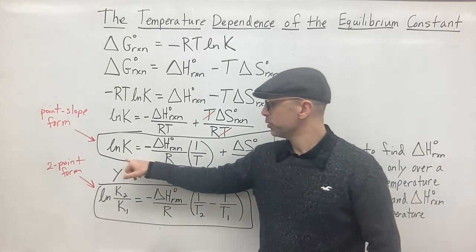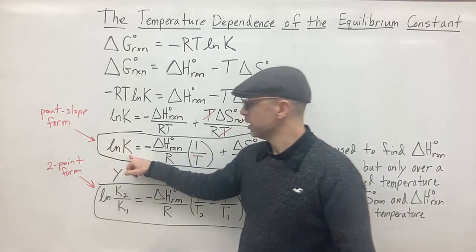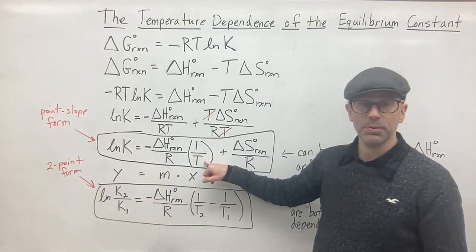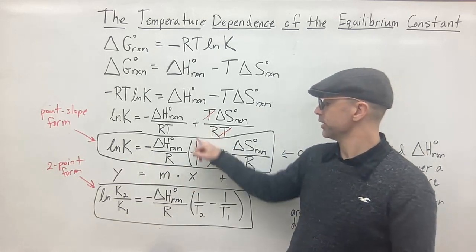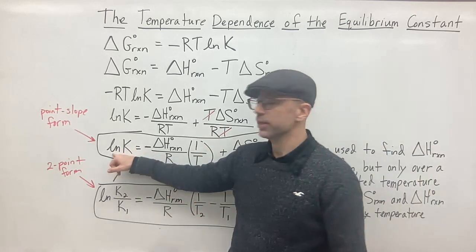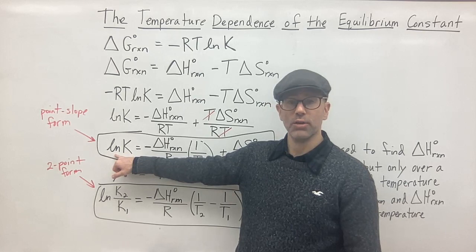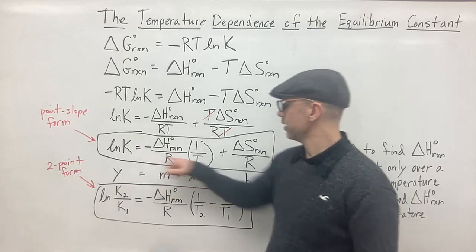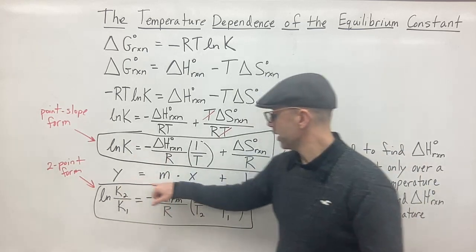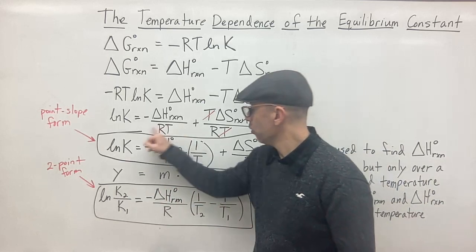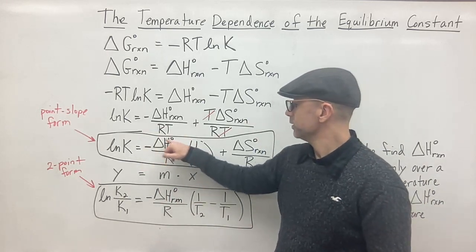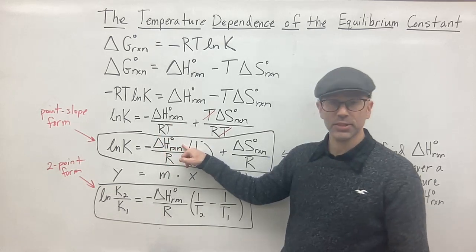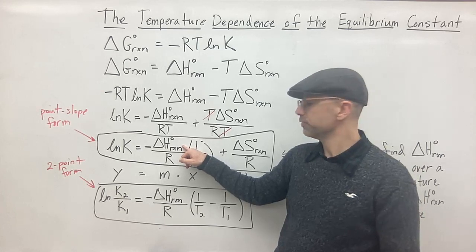And so when I plot my data, if I have data of the equilibrium constant related to temperature, then I can calculate the 1 over the temperature, and I can calculate the natural log of K, get that data, and then plot a straight line. This will give me a straight line in the form of y equals mx plus b, where the slope of the line is going to be negative delta H of the reaction over R. So then I can find the standard enthalpy change of the reaction from my slope.